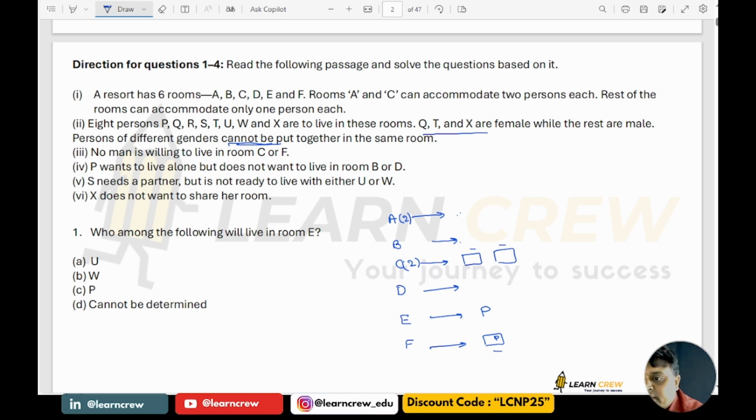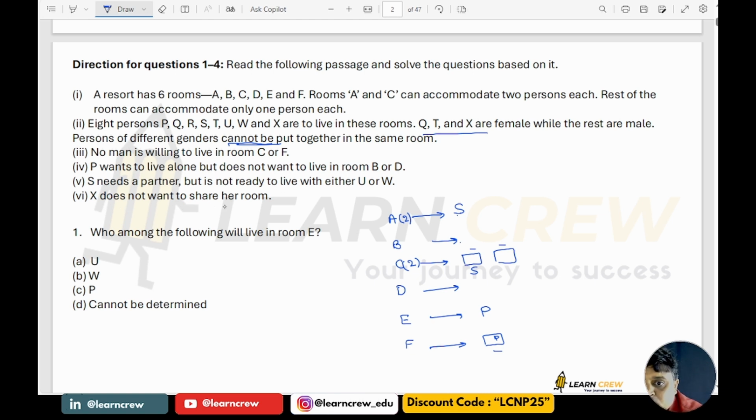S needs a partner, but is not ready to live with U or W. So S can be here or here.